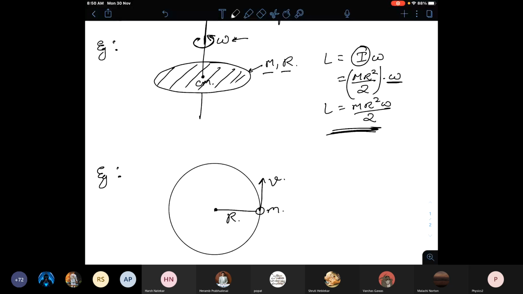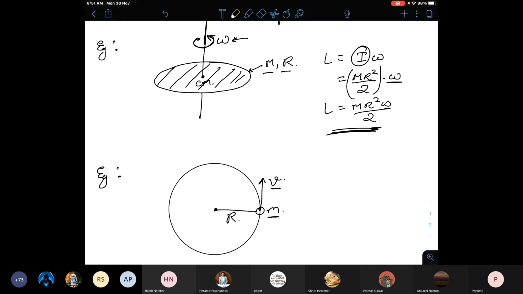How will we calculate the angular momentum? Because it has some velocity, it has some angular velocity also, and it will be going around the circular track. In such a situation, the values given to us are linear values. I have been given the linear velocity, I have been given the mass.